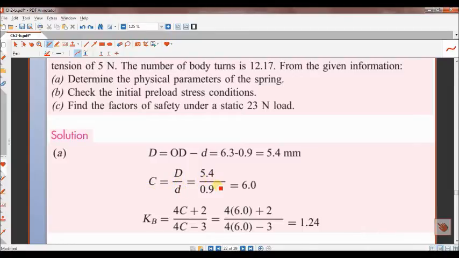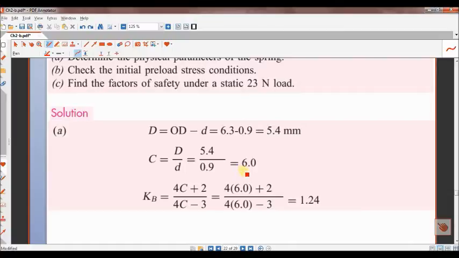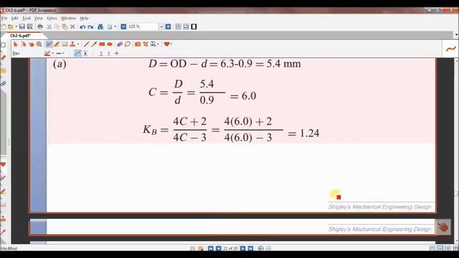So 5.4 divided by 0.9, the spring index is 6. The third physical parameter is curvature factor Kb, and it can be found similar to a compression spring. So by using this equation, we substitute C into this equation and Kb is 1.24.